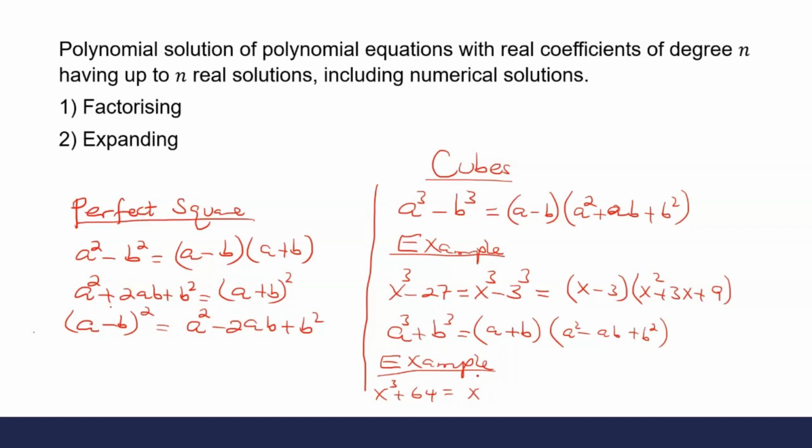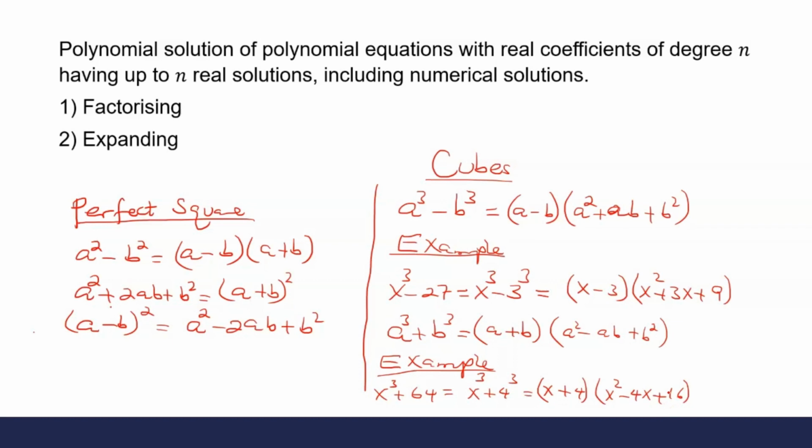So it's x to the power of 3 plus 4 to the power of 3. The whole lot equals x plus 4, and x squared minus 4 times x, that's 4x, plus 4 squared, which is 16. That is how we factorize when you have a sum of cubes.